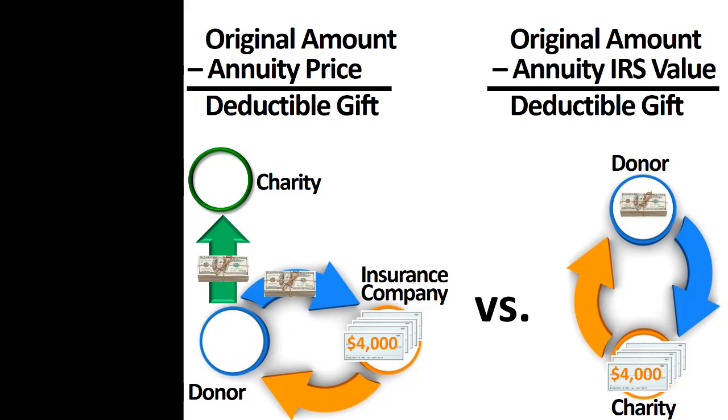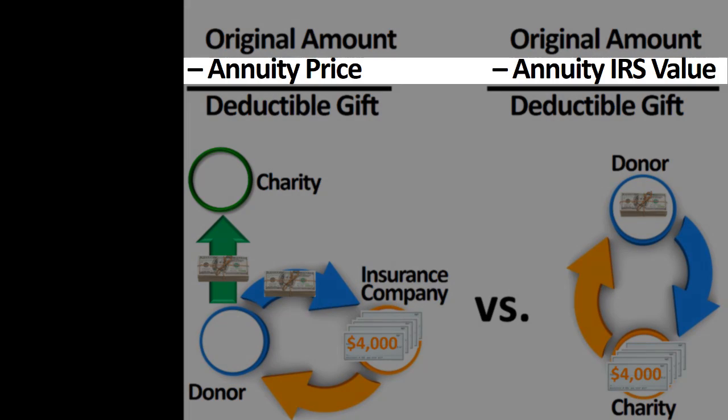In the substitute transaction, the charitable deduction would be the amount given to the charity, in other words, the total original amount less the price of the commercial annuity. However, a commercial annuity will inevitably be more expensive than the IRS valuation of a similar annuity from a charity.